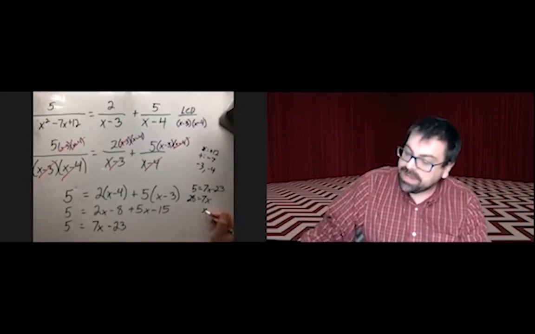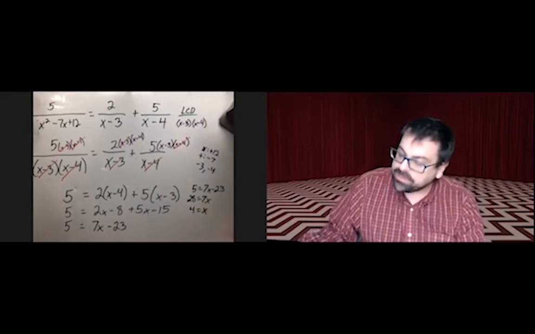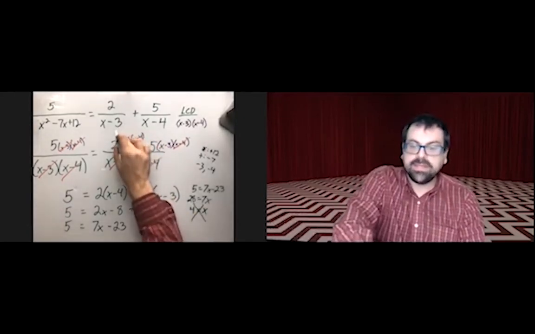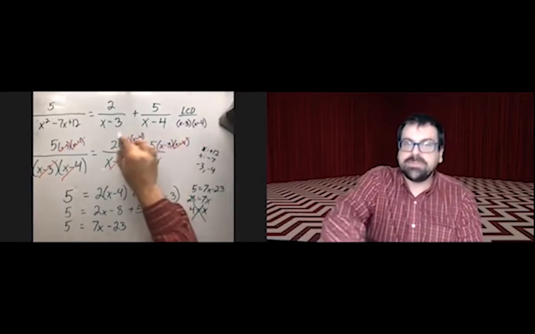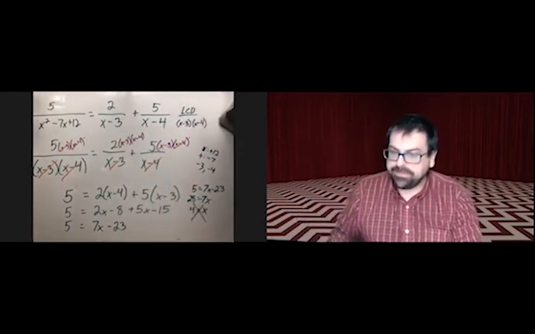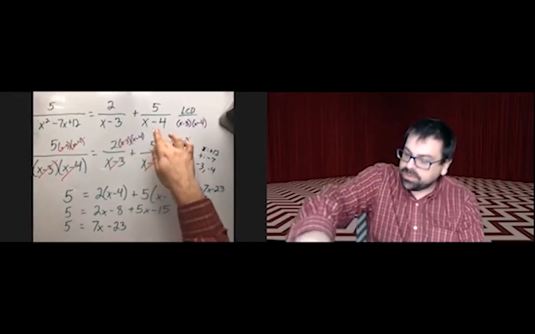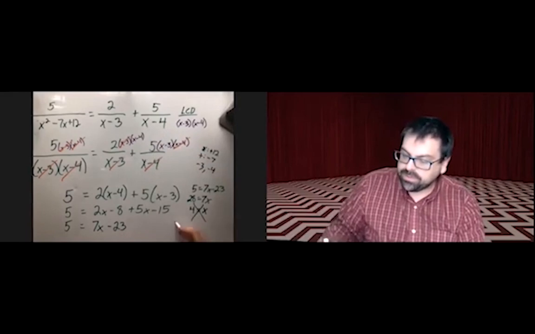Divide both sides by 7. x equals 4. But we have to throw that answer away because the x minus 3 and the x minus 4 on the bottom mean that x can't be 3 and x can't be 4. So we have no solution.